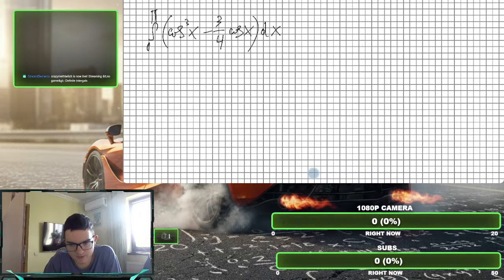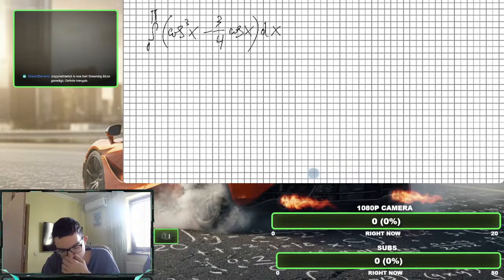This is what I have. Well, it's u substitution once again. You can see there's the cos 3x there, the cos x, the minus 3 divided by 4.